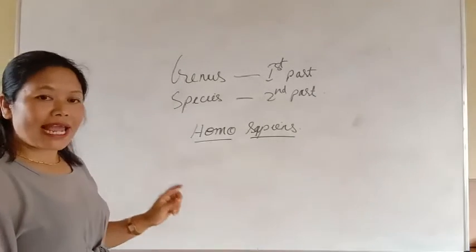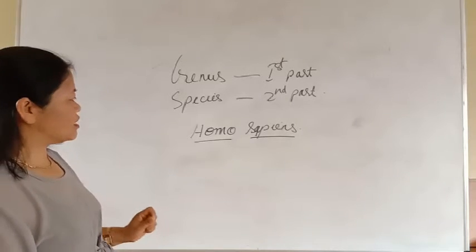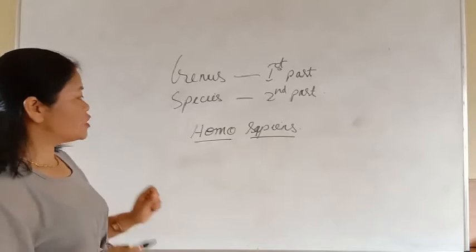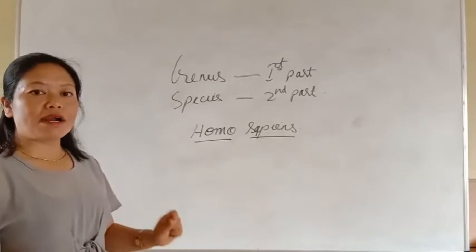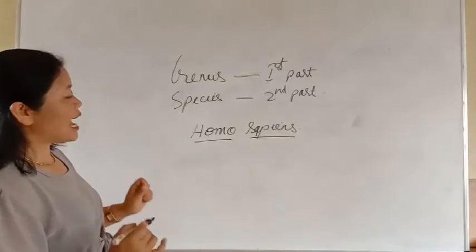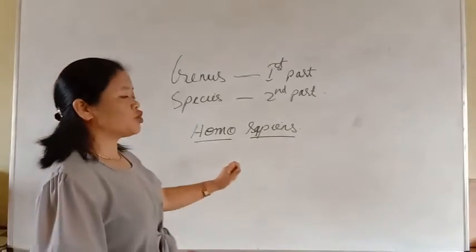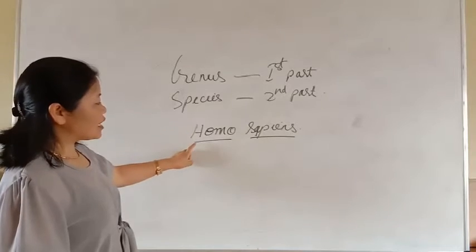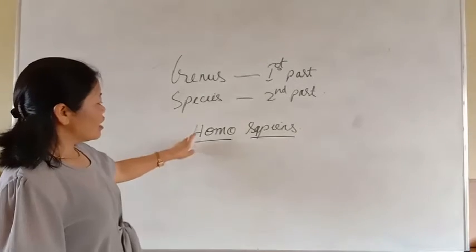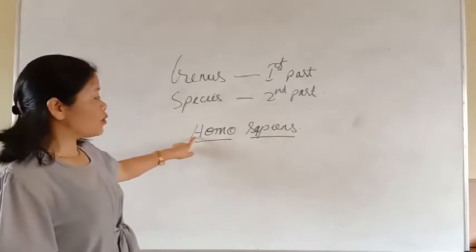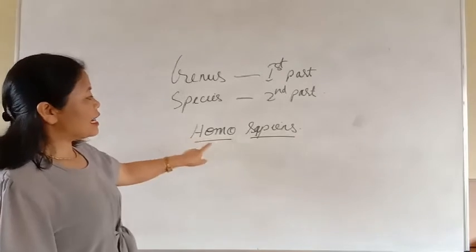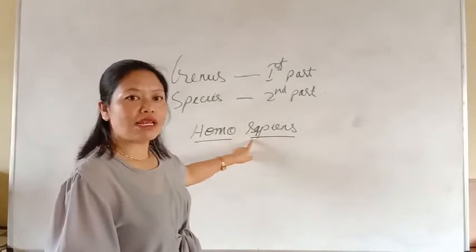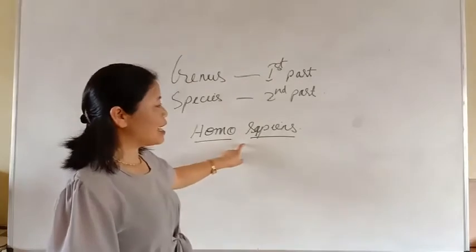When you write the scientific name of any organism, always remember that there are two parts: the first part is genus and the second part is species, and when handwritten, each part has to be underlined. The first letter of the genus name is always a capital letter, and the first letter of the species is always written in small letter, and it has to be underlined separately.